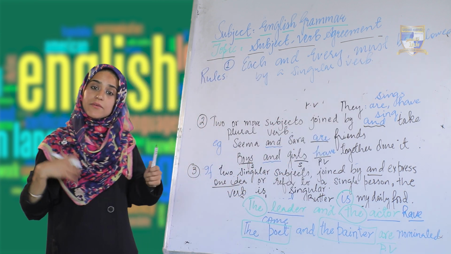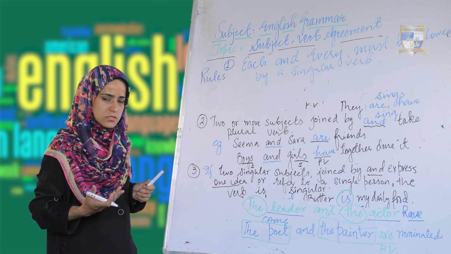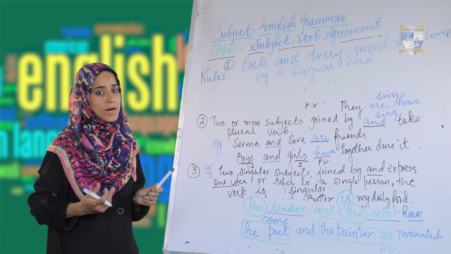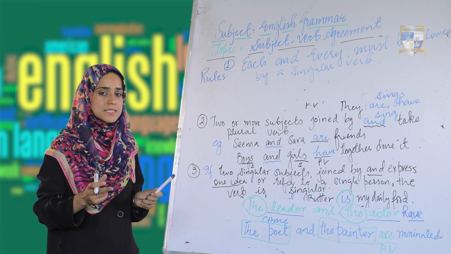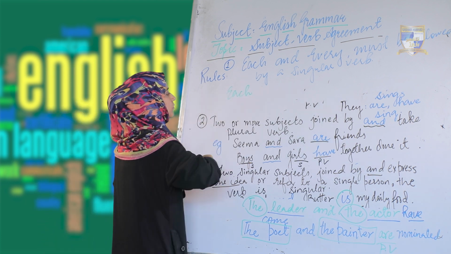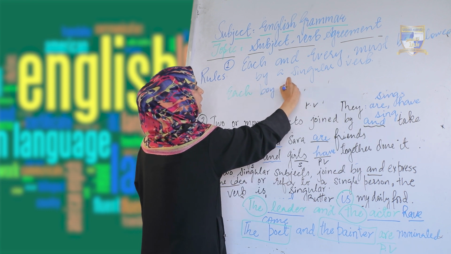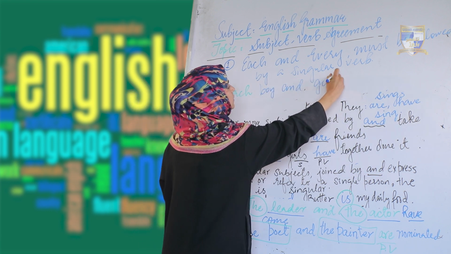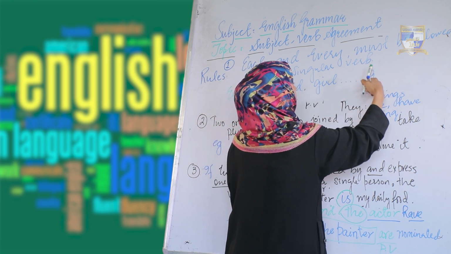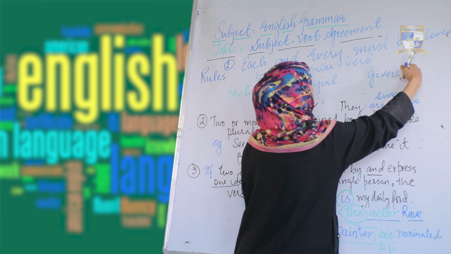That means if a sentence begins with the word each or every, no matter whether the subject is singular or plural, the verb which comes next is singular. For example, each boy and girl dash dash dash given a prize.